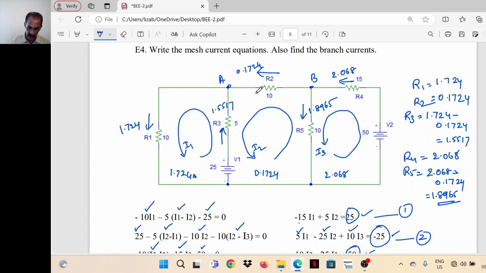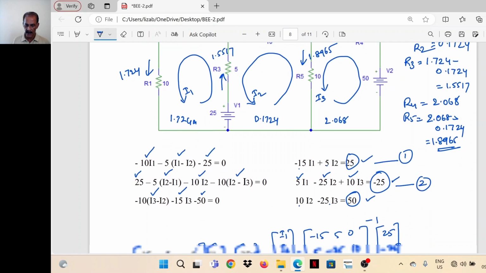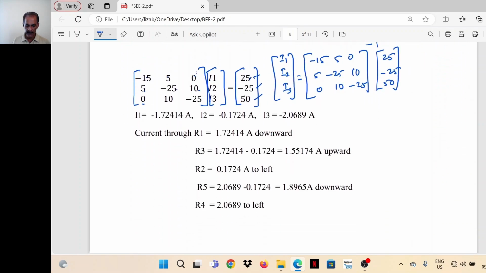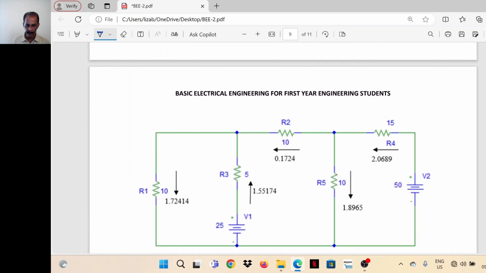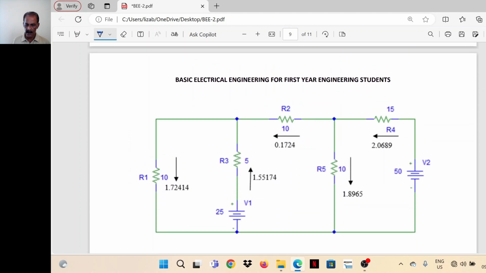Then here, coming up 1.5517, and this is 0.1724, an outgoing current. Add these two: 1.5517 plus 0.1724 is 1.724. So the law is getting satisfied. So these are the currents.